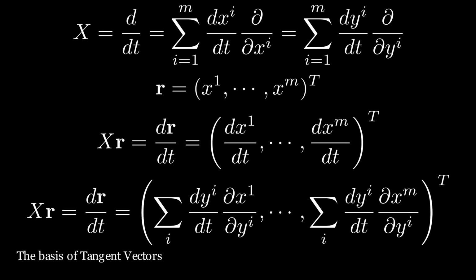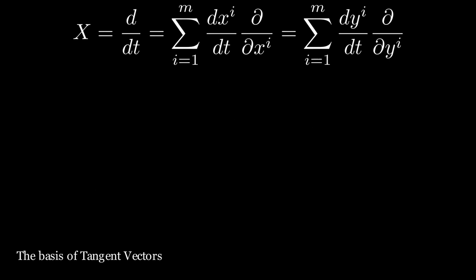When we express d over dt in another local coordinate system y, and apply it to r, it may appear as a different velocity vector. However, as long as the representation of r remains the same, it is actually the same object. This shows that X universally represents the velocity vector, regardless of the coordinate system used.